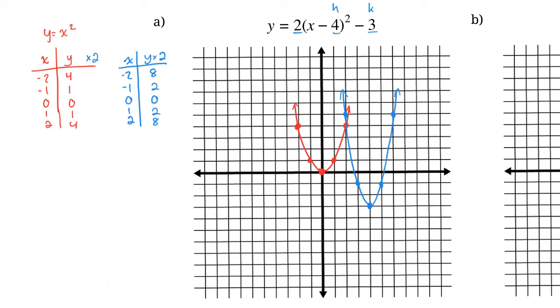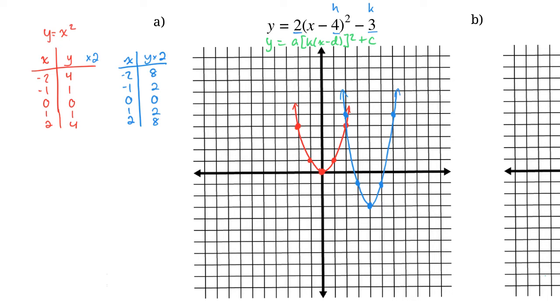Now I'm going to show you another way to graph this quadratic by using the transformations and applying them directly to each y and x value. So our equation is y is equal to a times k times x minus d, all that is squared, plus c. We can apply each transformation directly to the x and y values of our original function.